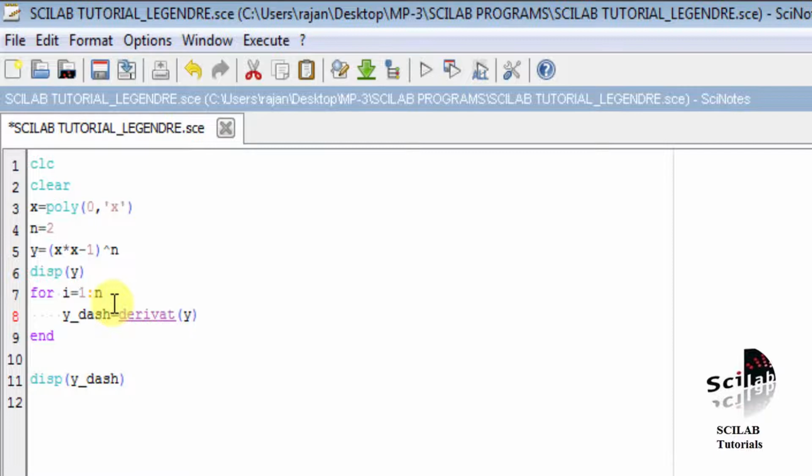Suppose we are differentiating the first time, when i is equal to 1: derivat of y, and the first derivative will be stored in y_dash. Now when i is equal to 2, it will again differentiate y, but this will give only the first derivative of y, because the derivat command differentiates only one time.